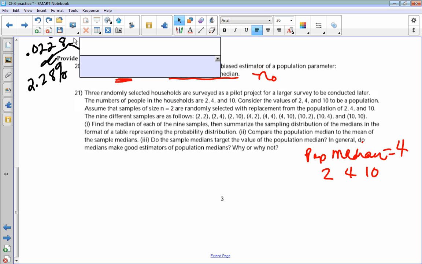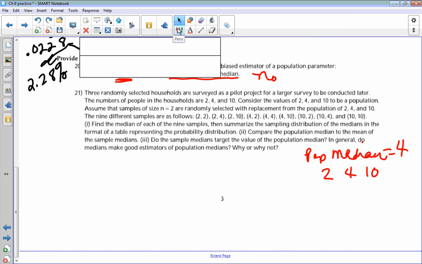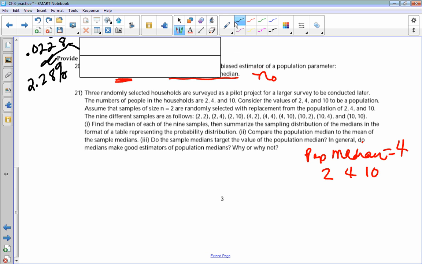It won't let me delete that. I don't want to delete the whole page. Okay, so instead, we'll just go ahead and make a quick table by hand.